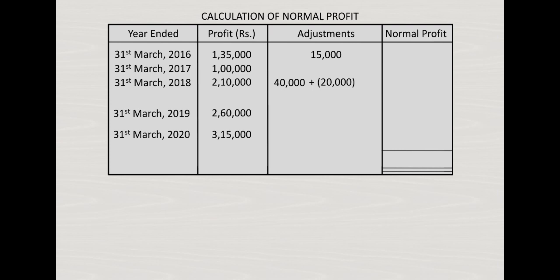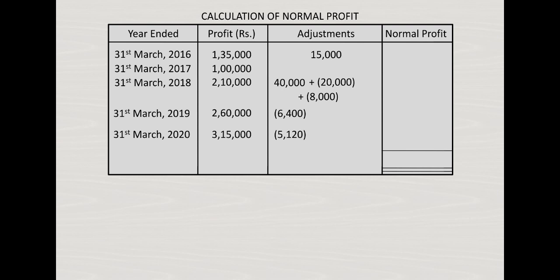So we know that we must not have charged depreciation on the machinery. So now we will charge that. So 20% of 40,000, that is 8,000, we will reduce in the year 2018. Then 20% of remaining in the year ended 31st March 2019. Then 20% of the remaining in the year ended 31st March 2020.